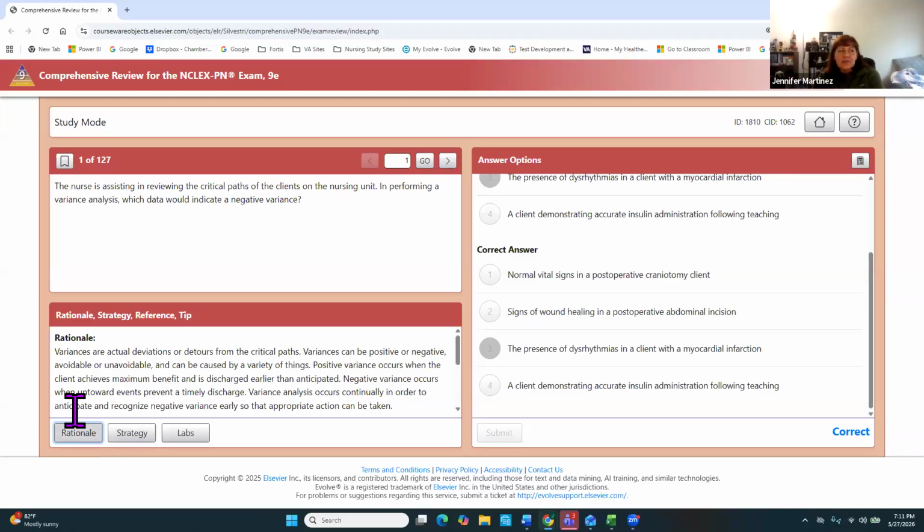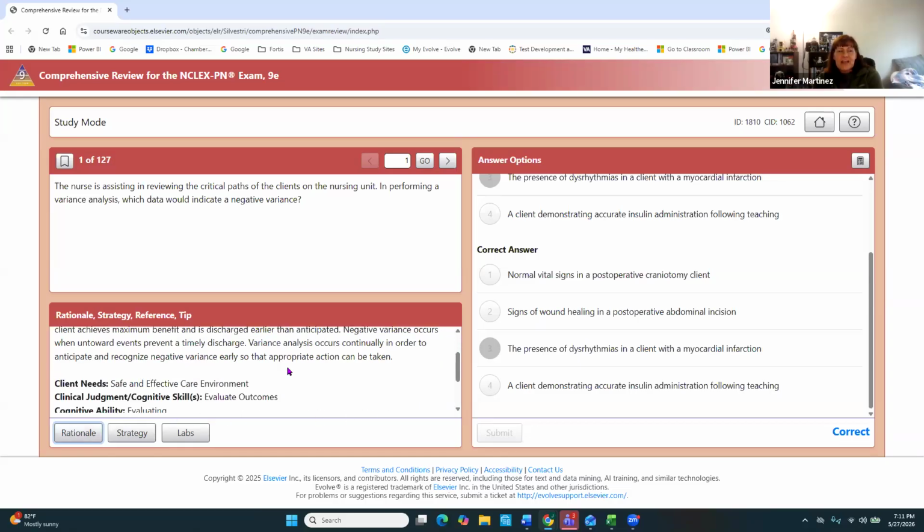Negative variance occurs when untoward events prevent a timely discharge. Variance analysis occurs continually, in order to anticipate and recognize negative variance early so appropriate action can be taken. Very good.